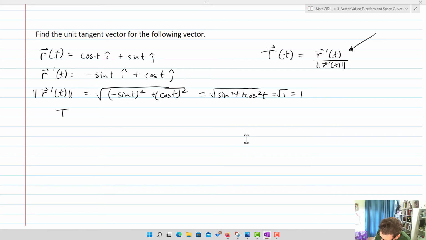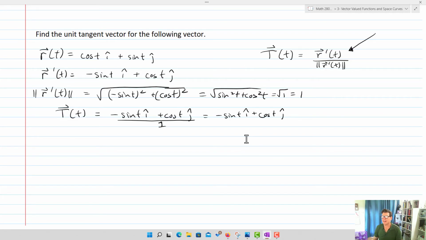So my unit tangent vector to this curve is going to end up being negative sine t i plus cosine t j, divided by 1, which is just negative sine t i plus cosine t j. Which, by the way, is still a circle. It's just in a different orientation. The unit tangent vectors for this particular object are going to be the same as the actual function, they're just going to have a different orientation.